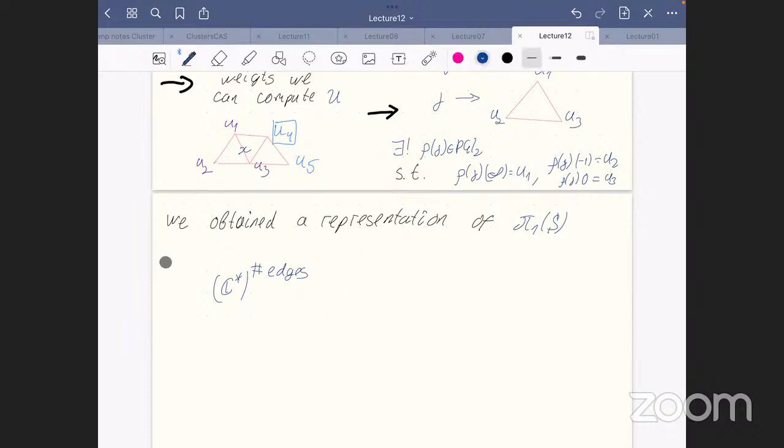This map, you can see, is actually rational. To what? To the homomorphisms from the fundamental group of the surface to PGL2, taken as a quotient by the adjoint action of PGL2.